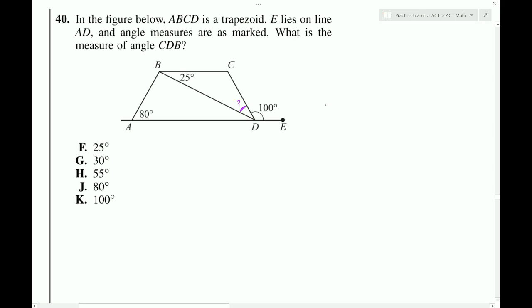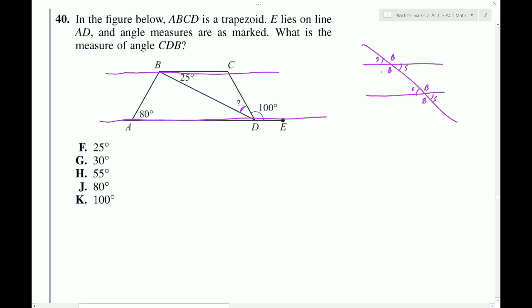One thing we know about trapezoids is that they have parallel bases, right? So we've got what appears to be parallel lines cut by a transversal. That forms two sets of equal angles, where these are small, and the ones next to it are going to be the big ones.